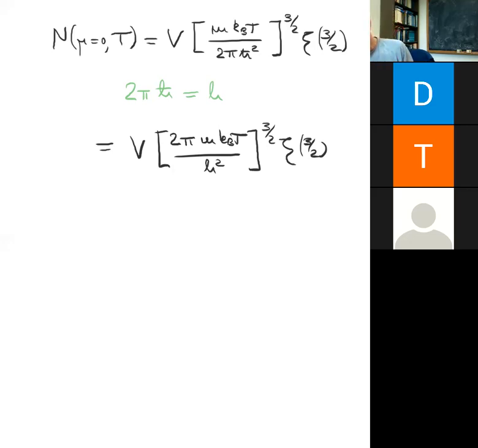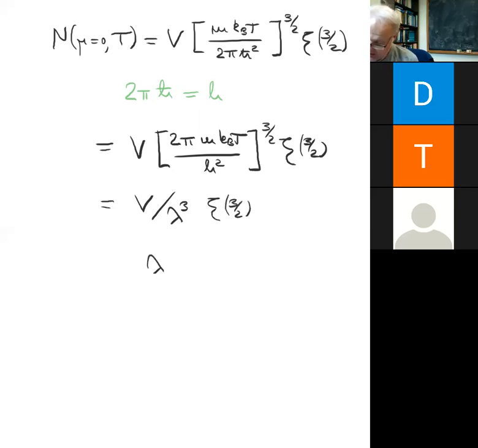The reason that's more transparent is that the factor in the square brackets you can now recognize as the de Broglie wavelength, which is something we introduced earlier. So this is volume divided by the de Broglie wavelength to the 3rd power, times zeta of 3/2.